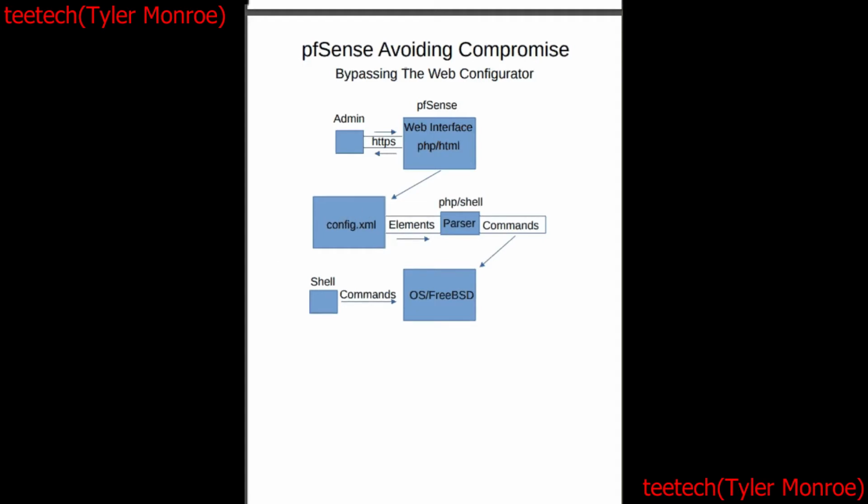So, there's two bad things about that. The most obvious one is if it's not in the config.xml, the web interface, it is not configured. For instance, it doesn't exist. So the web interface won't be able to show you like a port forward for, a certain, like port 80 that you didn't know you had because we executed that command directly rather than typing the port forward in the web interface.